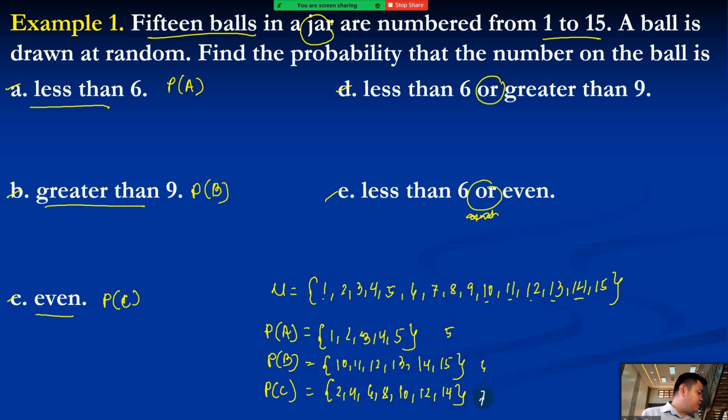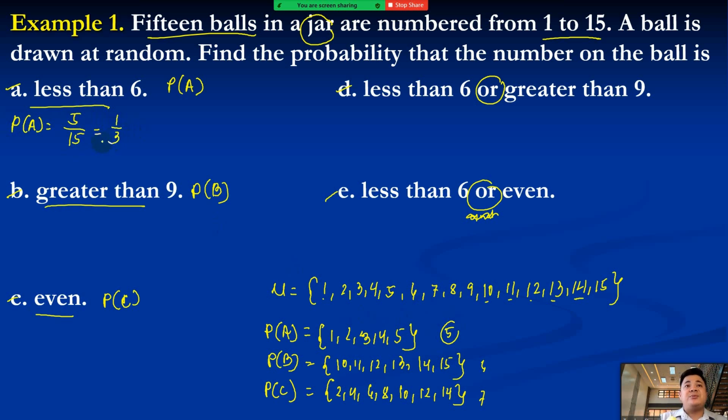So we can now solve for each. Let's have first less than 6. Remember that we have 15 balls in the jar numbered from 1 to 15. So the probability of event A, or getting less than 6, is favorable outcomes, 5, over total number of outcomes, 15. If we simplify, the lowest term of 5 over 15 is 1/3.